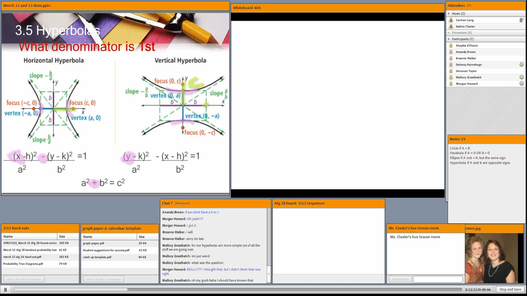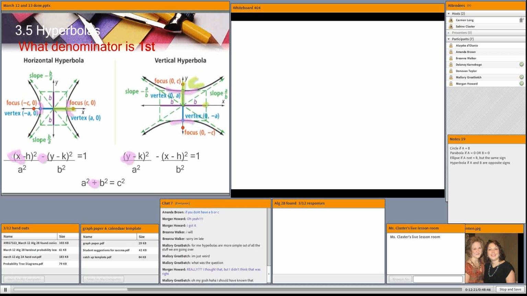Let's do this ellipse one first, and then a circle problem. All right, so here's the problem, and it's on page 667, just so you know.